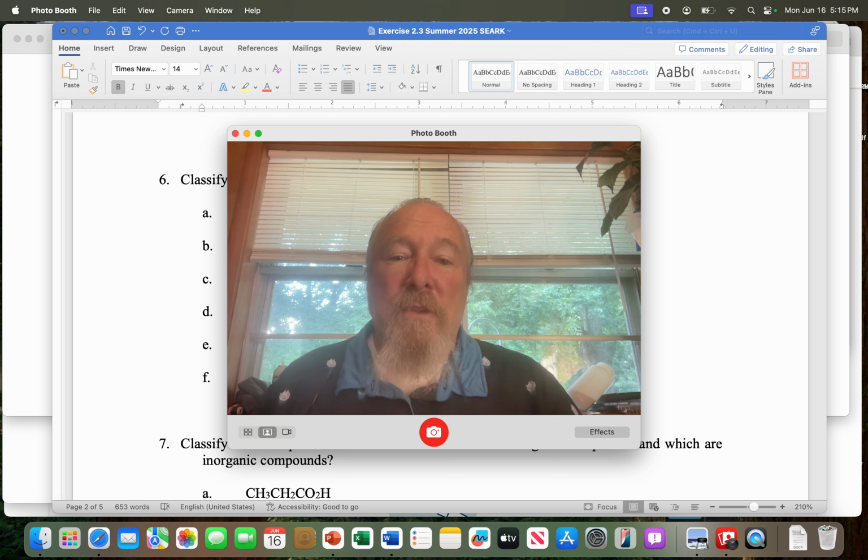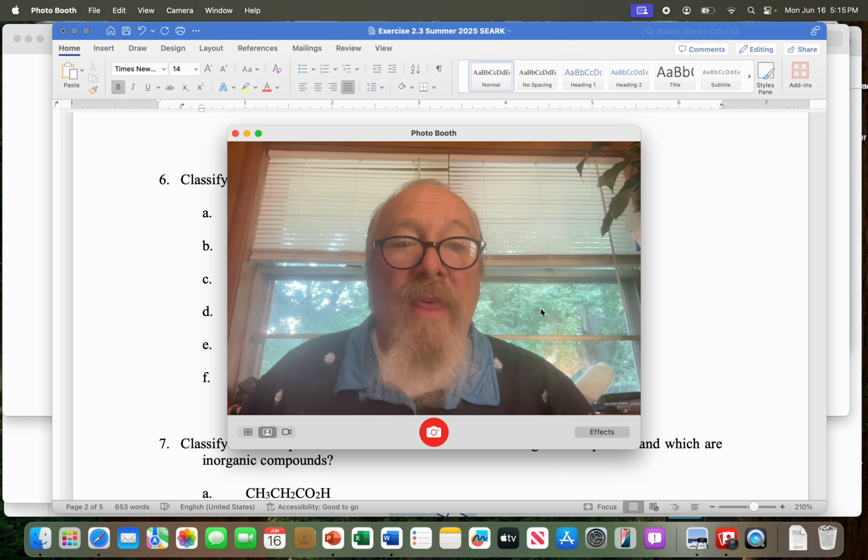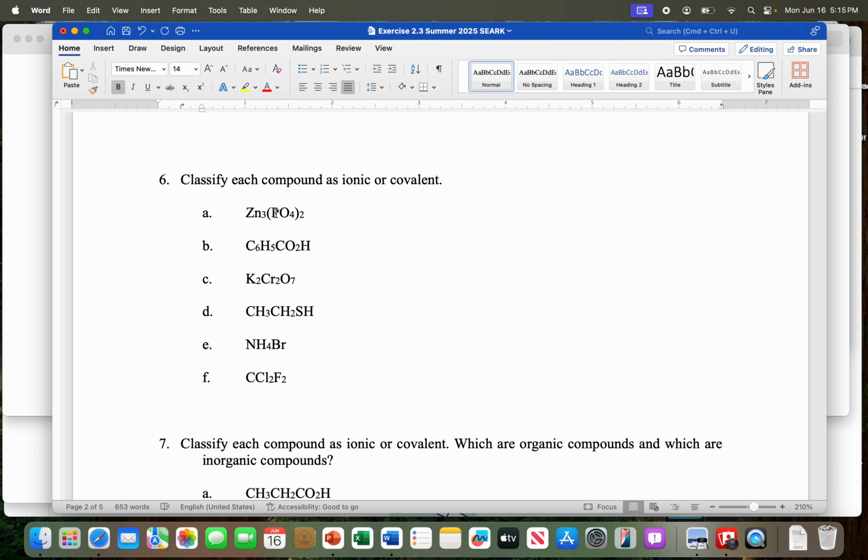And of course, when I ask you on homework, that is open book, open note, you can take a question like, is this compound, which by the way is zinc phosphate. Even though zinc is a transition metal, we don't need a Roman numeral with it because it always has a charge of +2. But if you want, you can say zinc phosphate, Roman numeral 2.